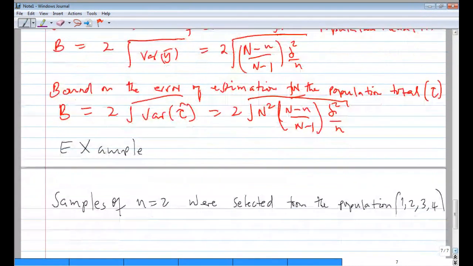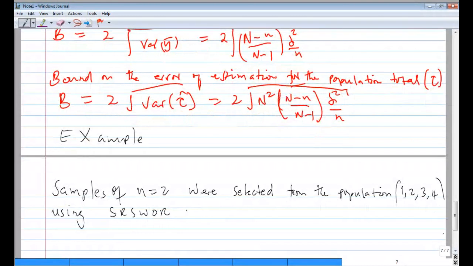A sample of 2 has been selected from this population using simple random sampling without replacement. That's the question, the given information.